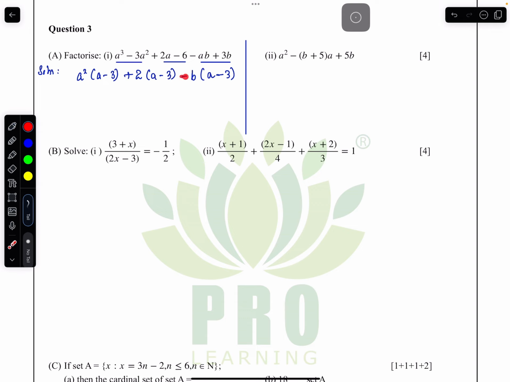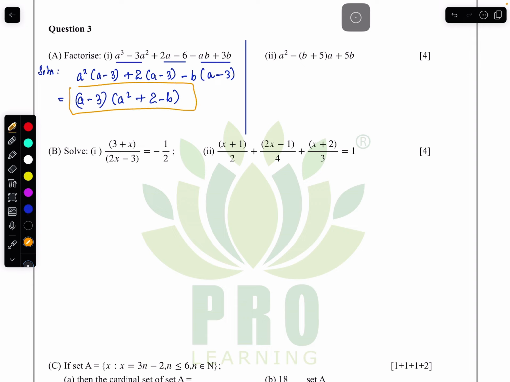The reason for this is minus times minus becomes plus, so that is how this becomes plus 3b. So now we have 1, 2, 3 identical elements. So we write a minus 3 as one common factor out. This is a square plus 2 minus b. This is the final answer for our factorization. Final answer is here, so we are highlighting this.